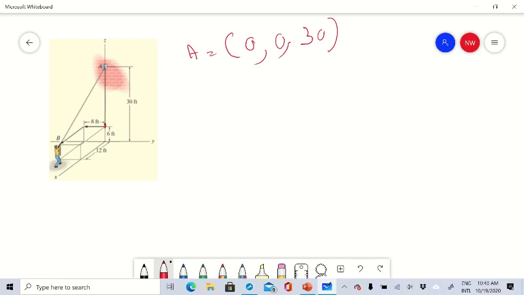Let's take this as our origin point. So this is O, then this one is 60.